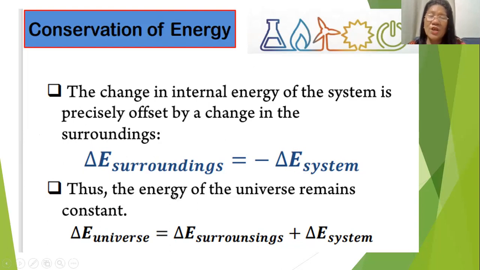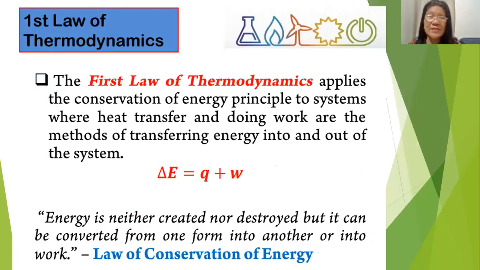So the energy of the universe remains constant. Therefore, the change in internal energy of the universe is equal to the change in internal energy of the surroundings plus the change in internal energy of the system. So the first law of thermodynamics applies the conservation of energy principle.